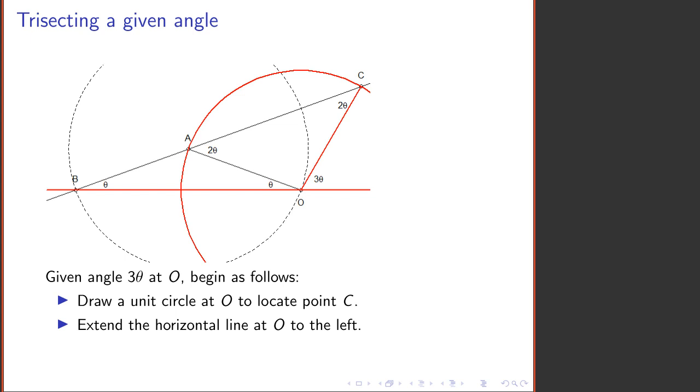And I'm going to start by drawing a unit circle at O. So I now have this circular arc, and I'm going to extend the line at O a long way to the left. So I've got point C from the intersection of the circle and one arm of my original angle.